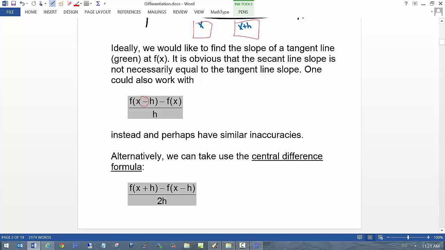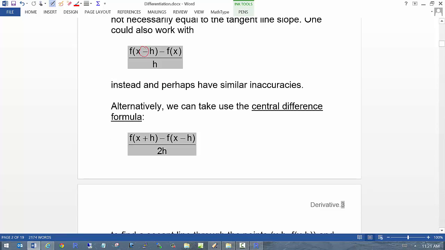But to be honest, this has very similar possible inaccuracies as the first way. What's actually more accurate is to use what's called a central difference formula, where we look at f evaluated at x plus h, subtract off f evaluated at x minus h, and divide by 2h.